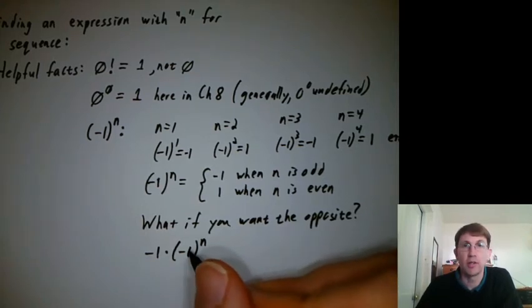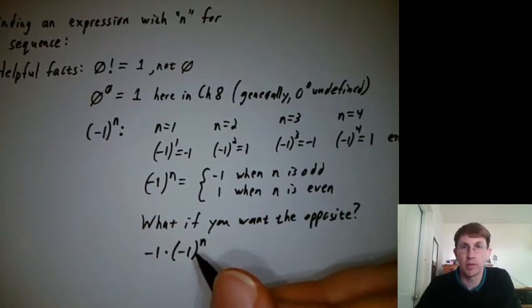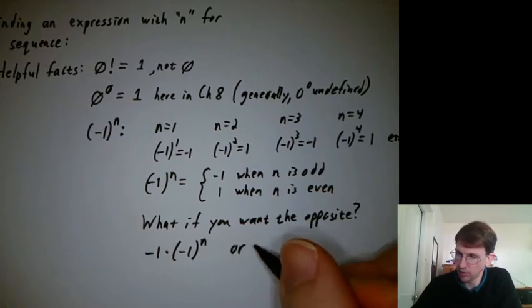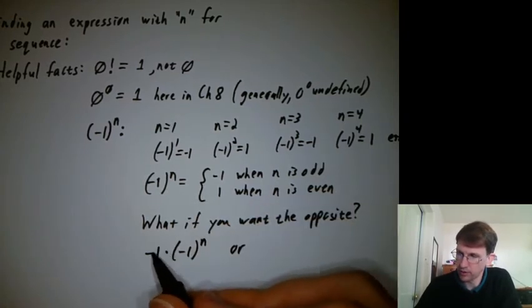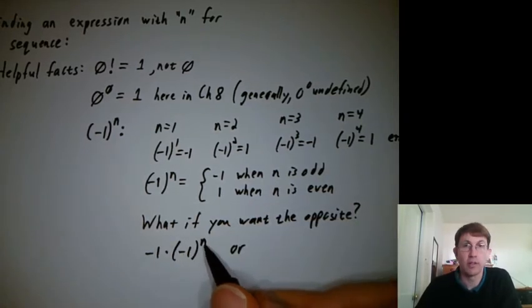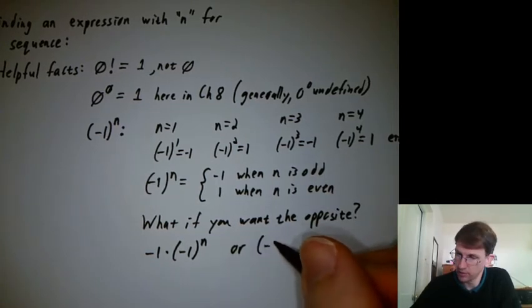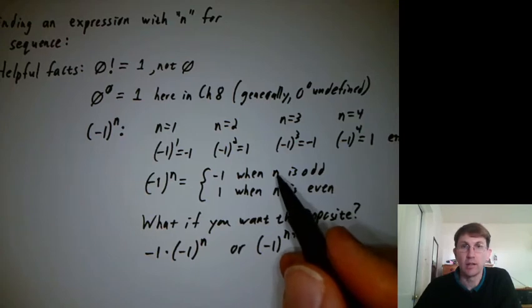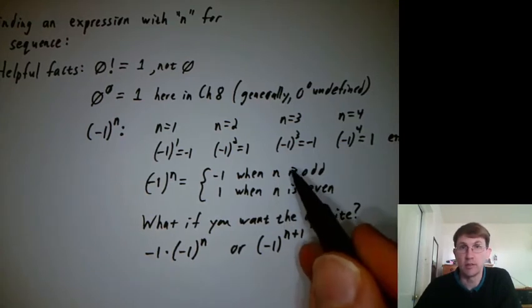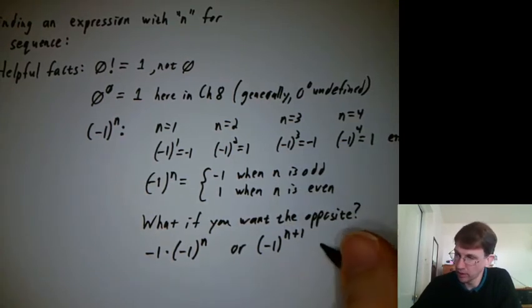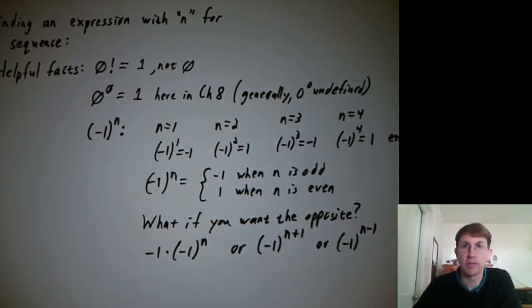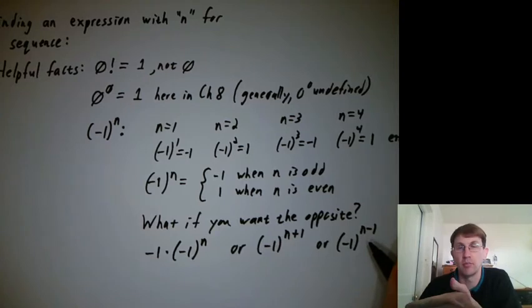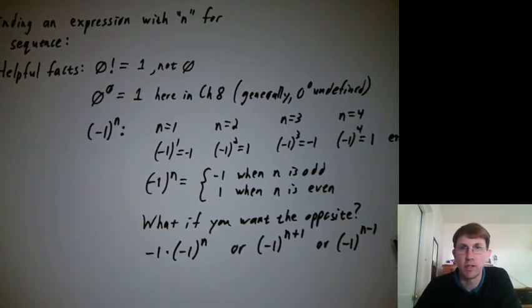Just take whatever this was and flip its sign by multiplying by negative 1. Or you could think of it as negative 1 to the 1 times negative 1 to the n. So you could say it's negative 1 to the n plus 1. That way, if n is odd, n plus 1 is even, and so you're flipping between rows here. Or sometimes it's helpful to say negative 1 to the n minus 1, which also flips odd to even, but sometimes that's just more convenient.